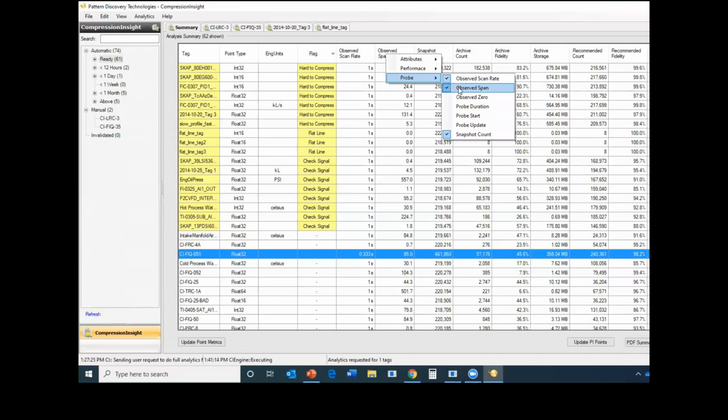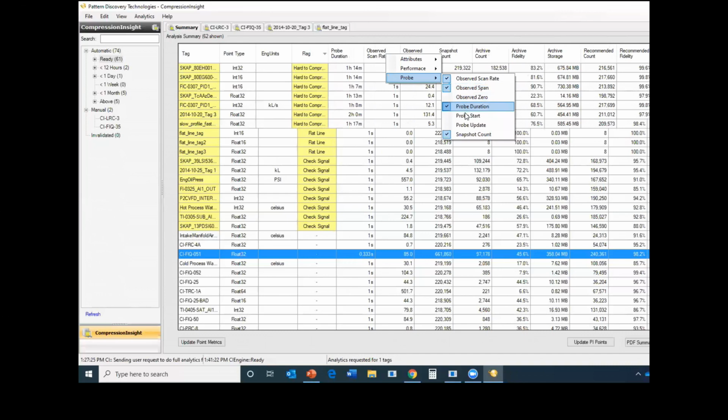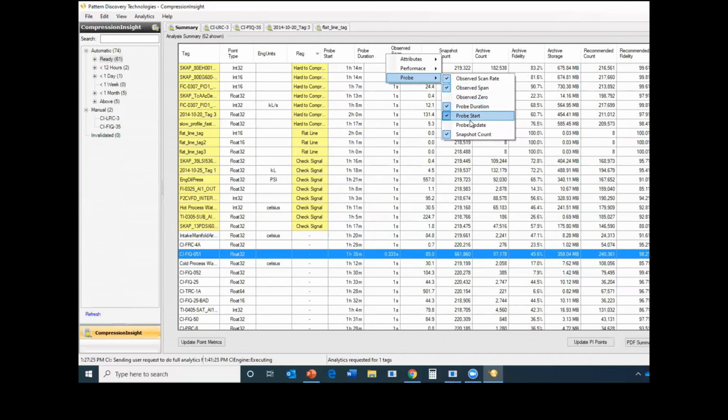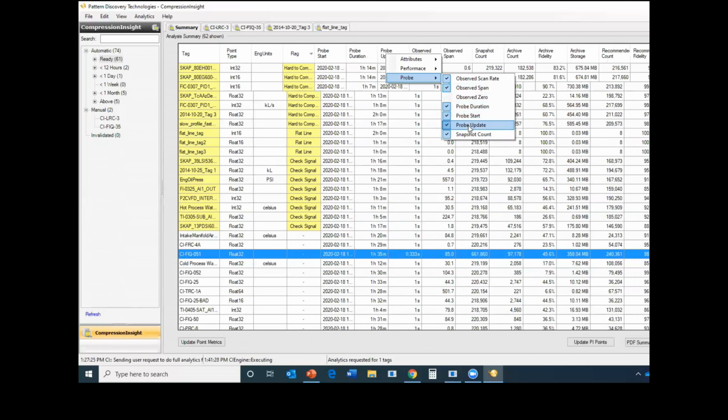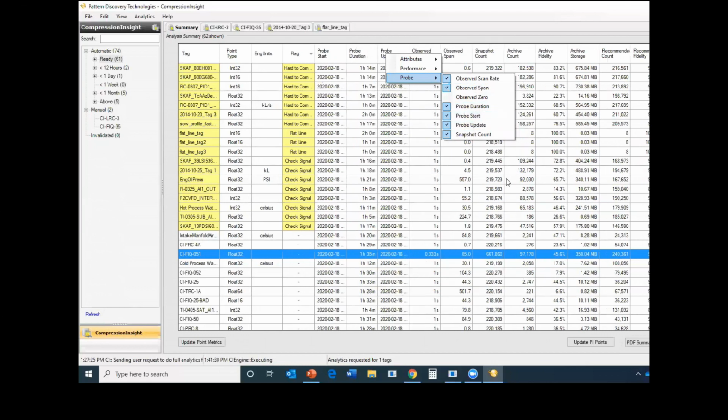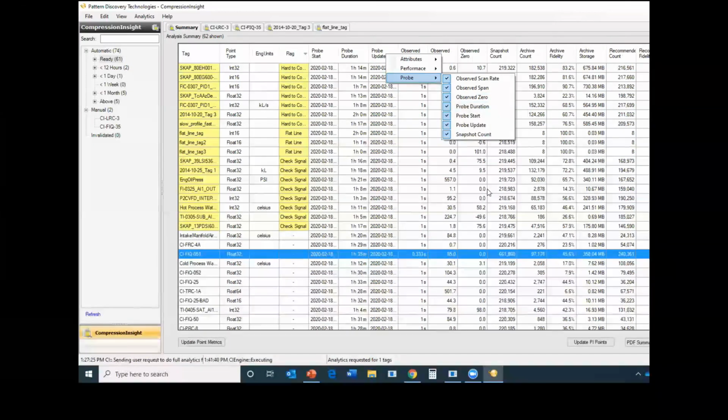It really is. So I'm going to turn on these headings here. I'm going to turn on probe curation. I think what's really interesting too is the observed scan rate, the observed span, and the observed zero. Some customers have come to me and said, we have a really wide range.